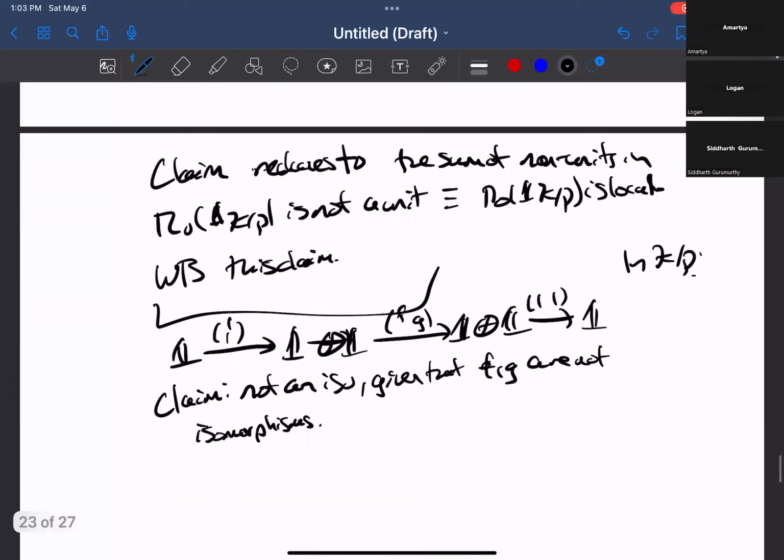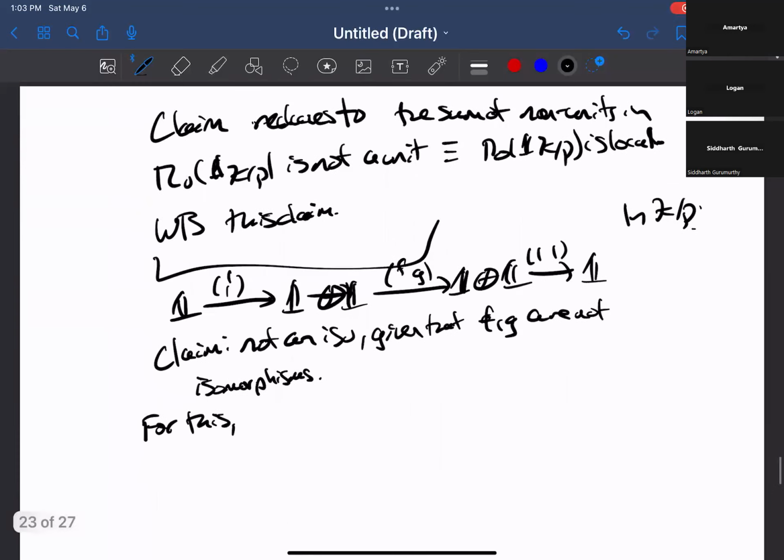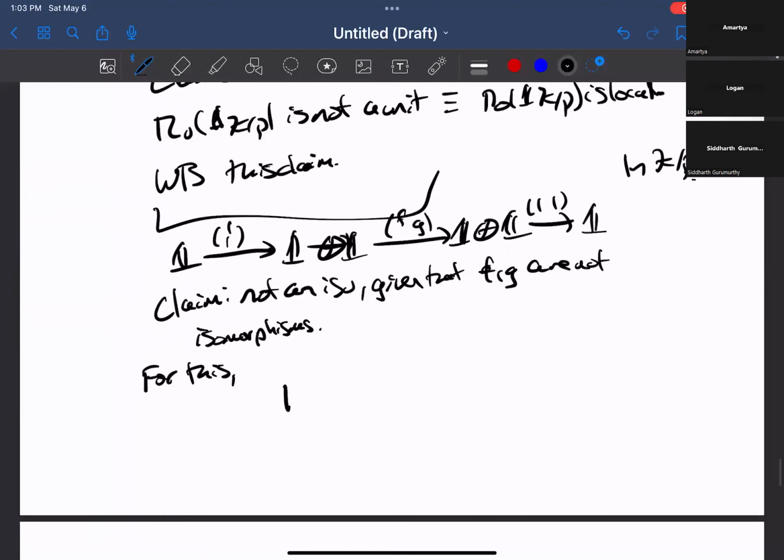And for this, let's see. You can set it up like this. All right, let's just start taking exact triangles.